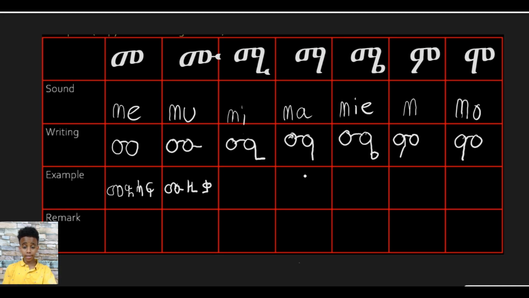Our third letter is the letter mi. And an example of that would be the word Miti.